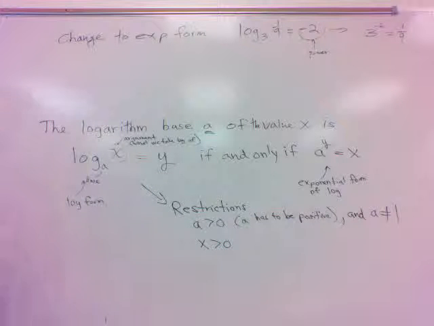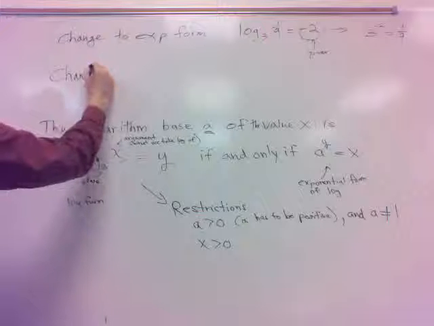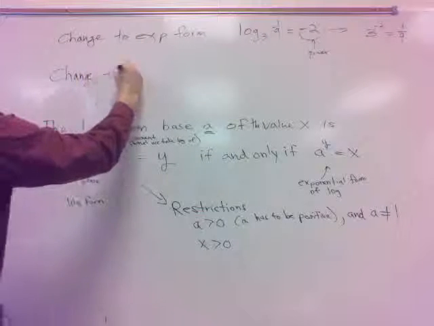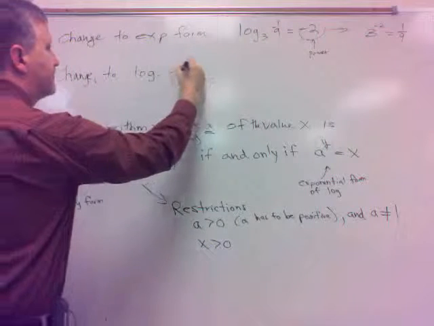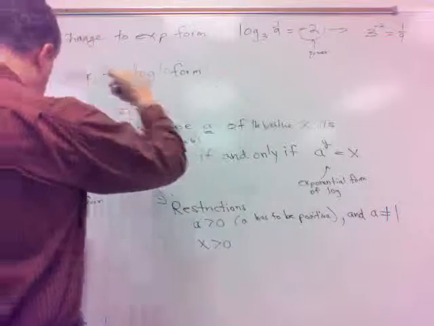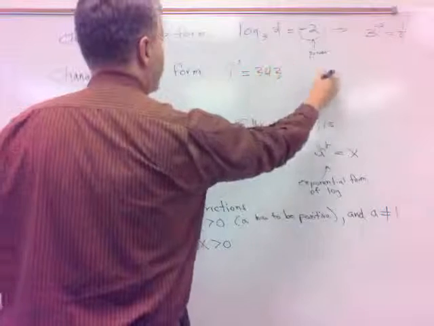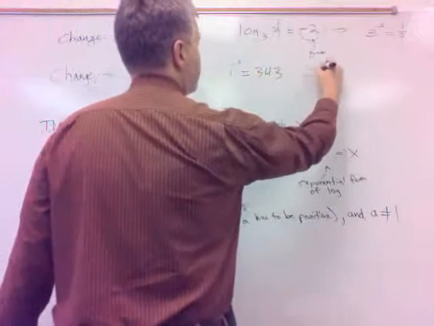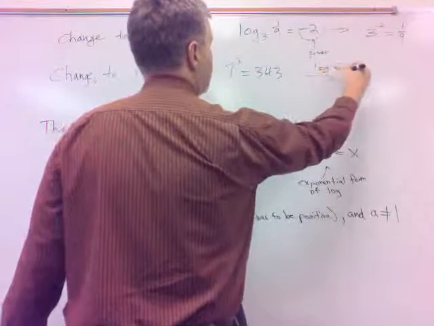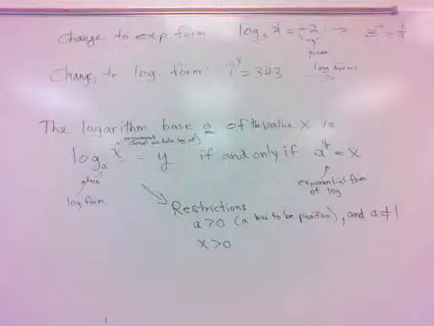All right, well, let's go the other way. Change these to log form, or logarithmic form. 7 to the third equals 343. What would log form be there?